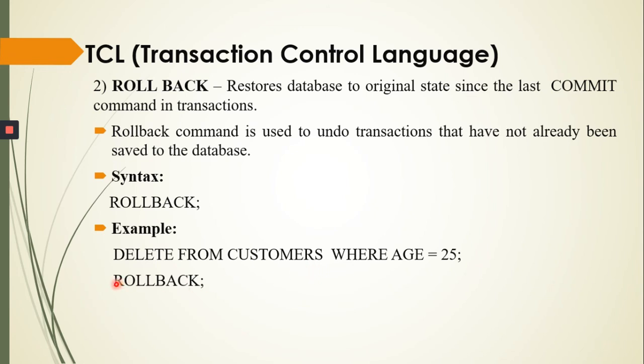Then if I write rollback over here, I can go back and restore the database to its original state. So using rollback I can restore my database to the original state, but if I write commit, then I cannot change the updated data.